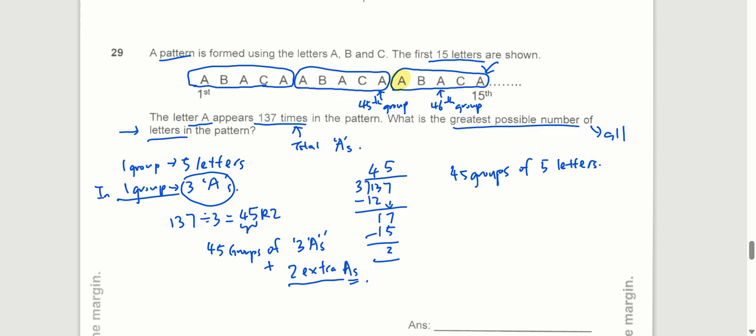So the 2 possible extra A's will be these 2, and you cannot be taking the next A, which is this one.